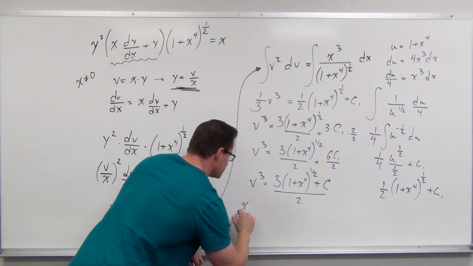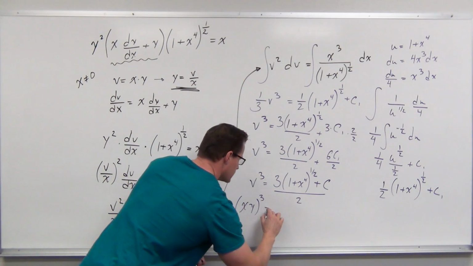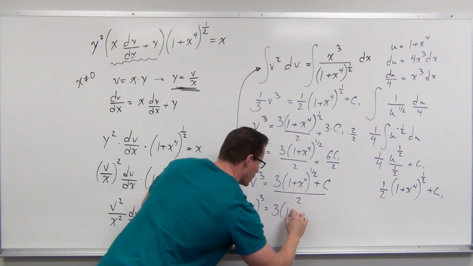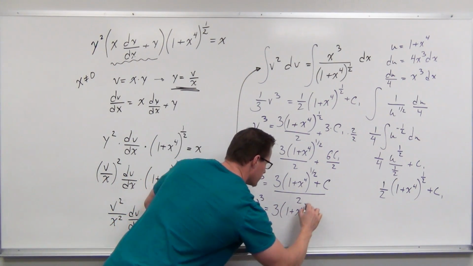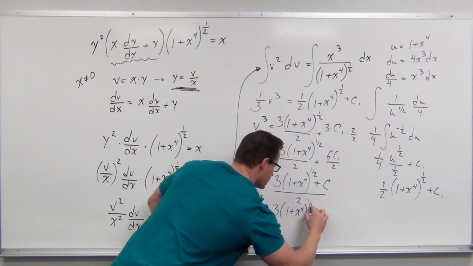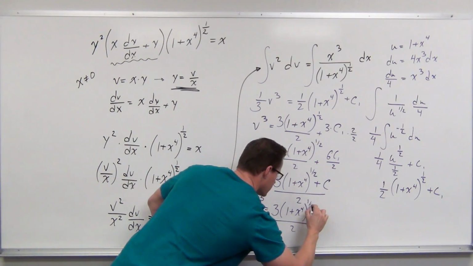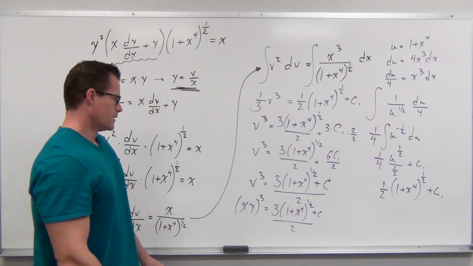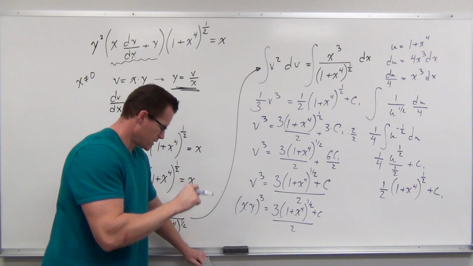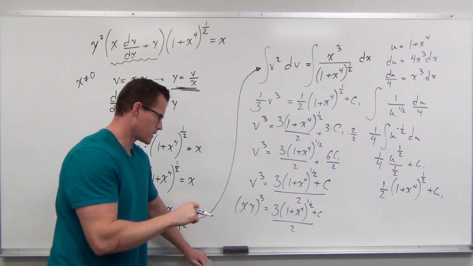So this would be xy cubed, all this stuff, that means we're going to get x cubed times y cubed.